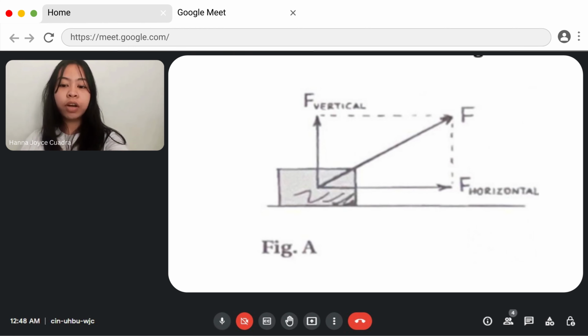The horizontal and vertical vectors are components of the original vector. The components form two sides of a rectangle. The vector F is the diagonal of this rectangle. When a vector is represented as the diagonal of a rectangle, its components are two sides of the rectangle.